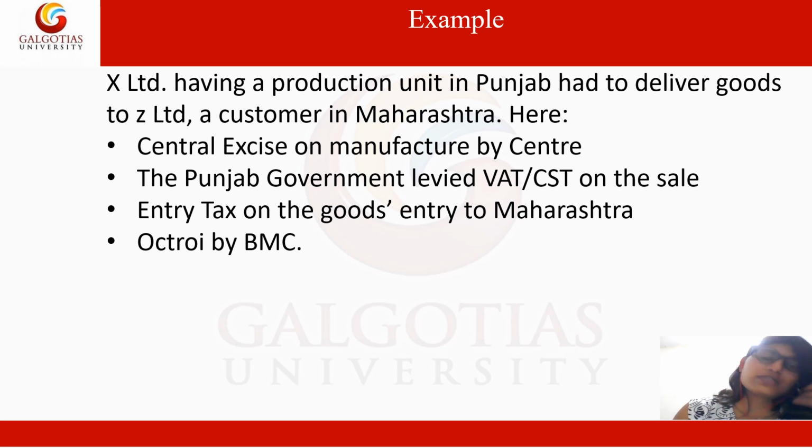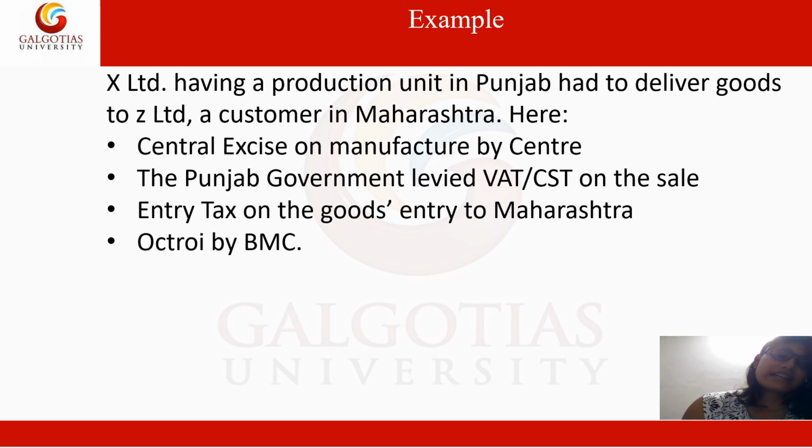So these were a few taxes that were existing in the pre-GST era. The central excise was there on manufacturing. The VAT or CST existed on the sale of goods. CST was on the interstate sales, and VAT on every value addition at every stage of the production.